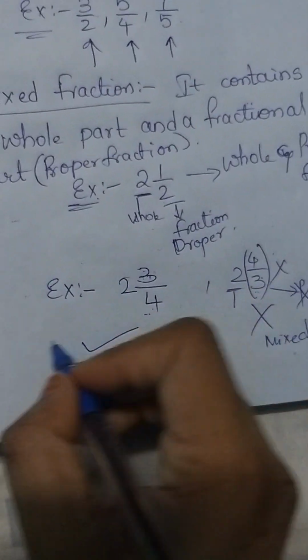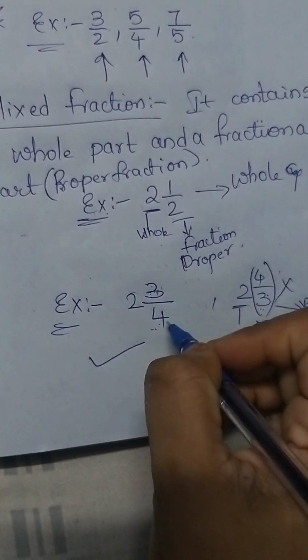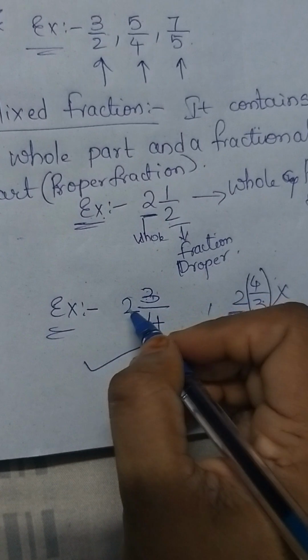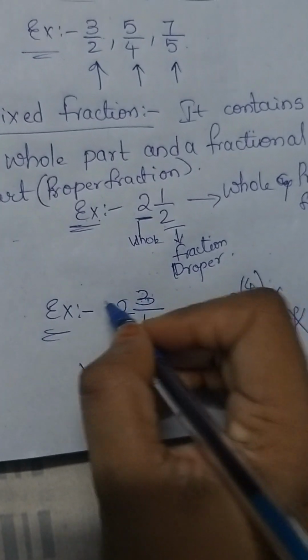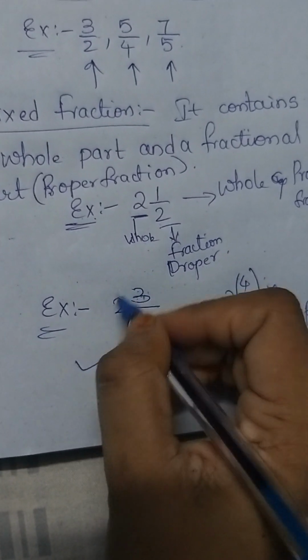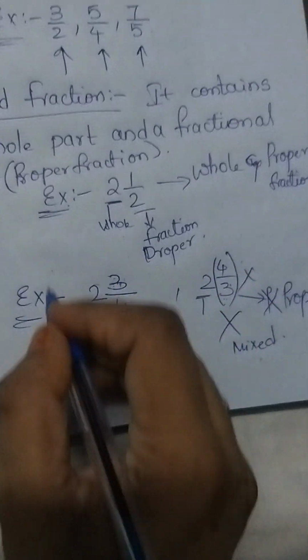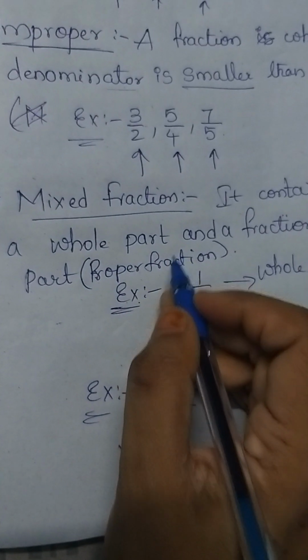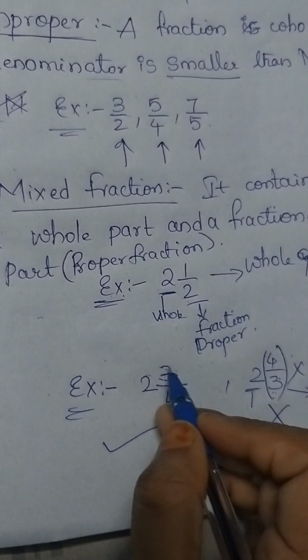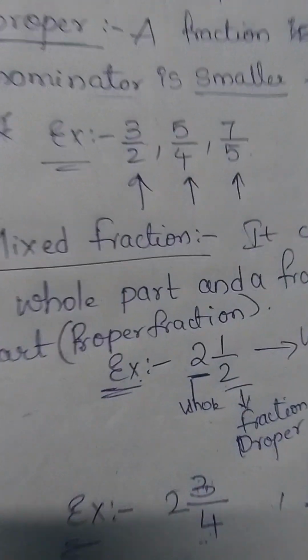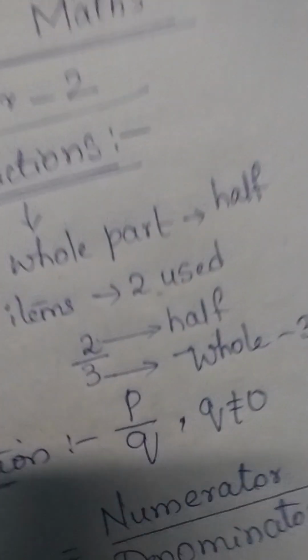It is a mixed fraction because 3 by 4 is a proper fraction and a whole number is there. So the combination of a whole part and a proper fractional part gives a mixed fraction, children. It must be a proper fraction. Okay, this is a mixed fraction, children.